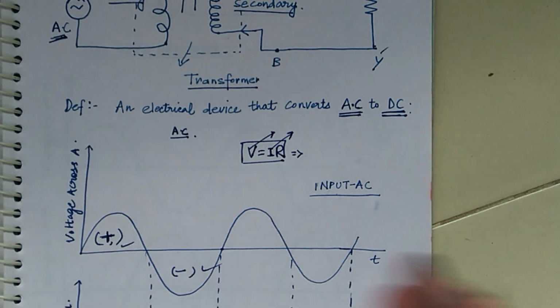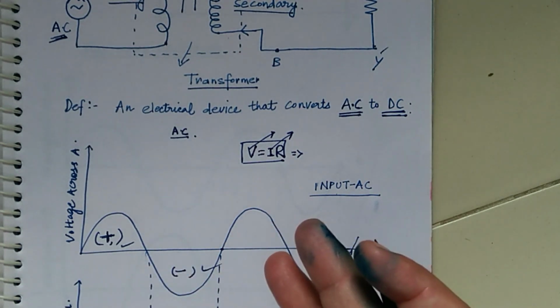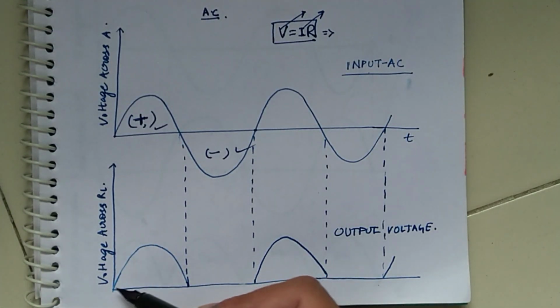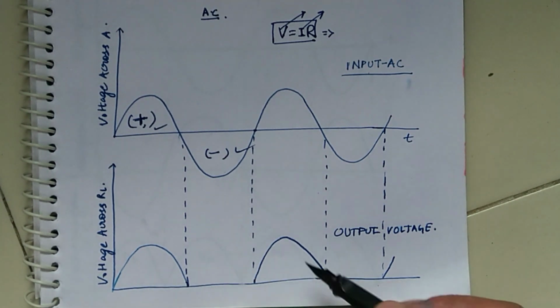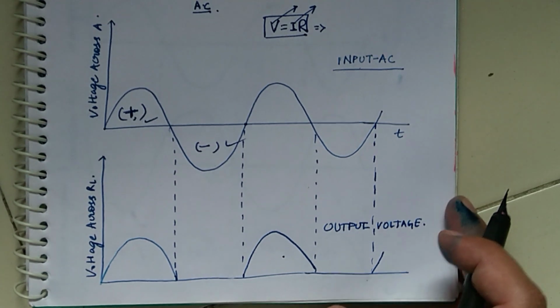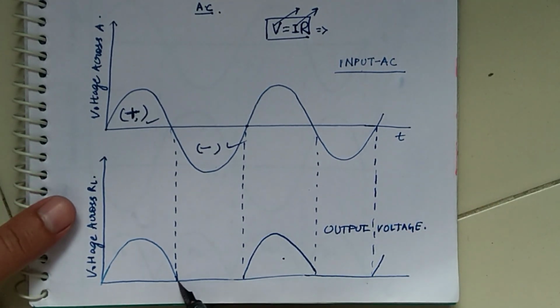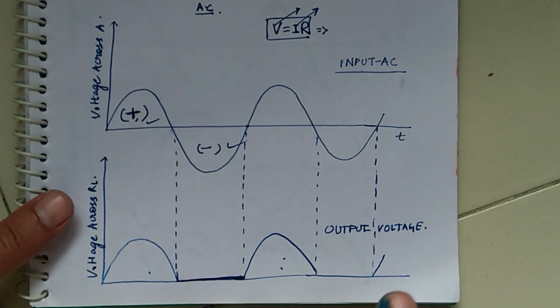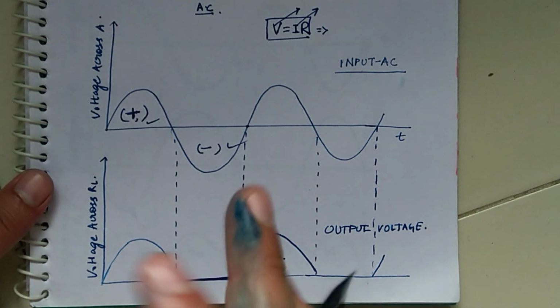This happens continuously, and we keep on getting only the positive cycles, right? This positive cycle, this positive, and we keep getting the alternating positive outputs only. Now what about this gap? This is basically a demerit, which is taken care of when we use two diodes.